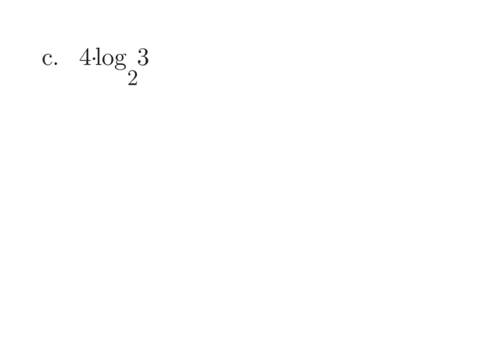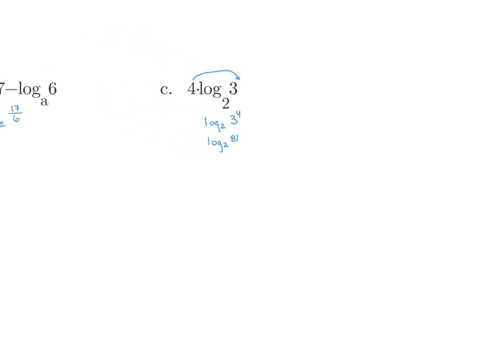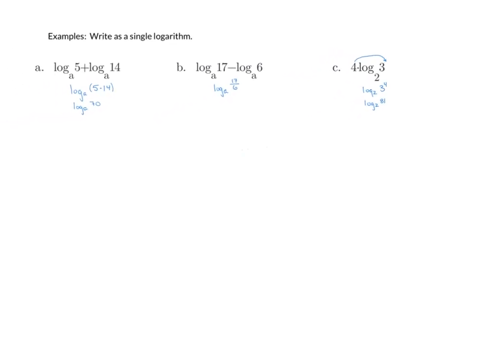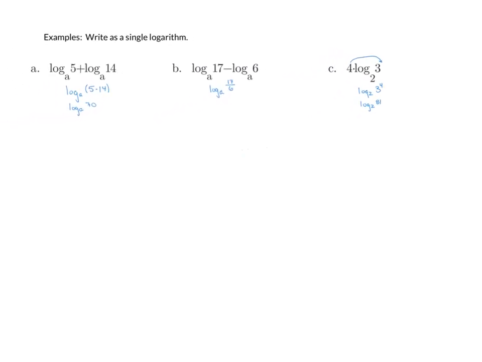So to convert this, we're going to take our number in the front, we're going to put it in the exponent. So we get log base 2 of 3 to the 4th, and 3 to the 4th is 81. Okay, so that's converting to a single logarithm.